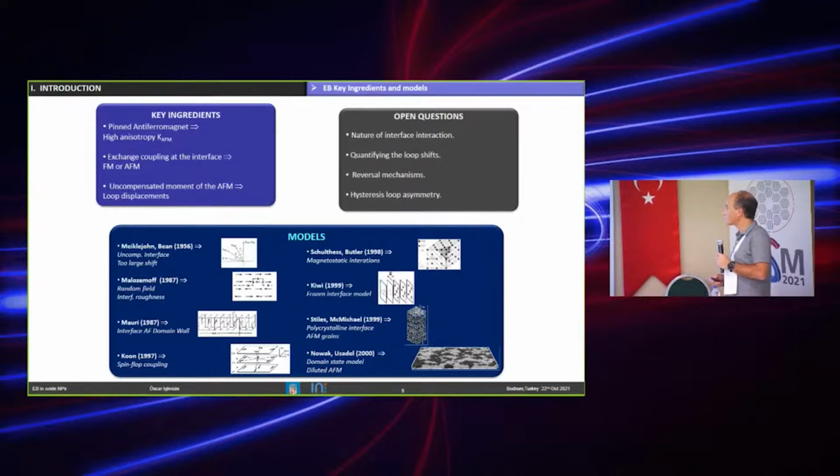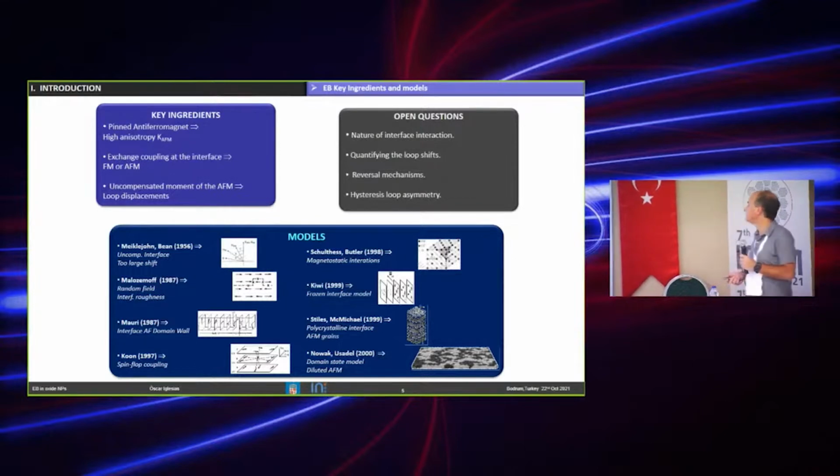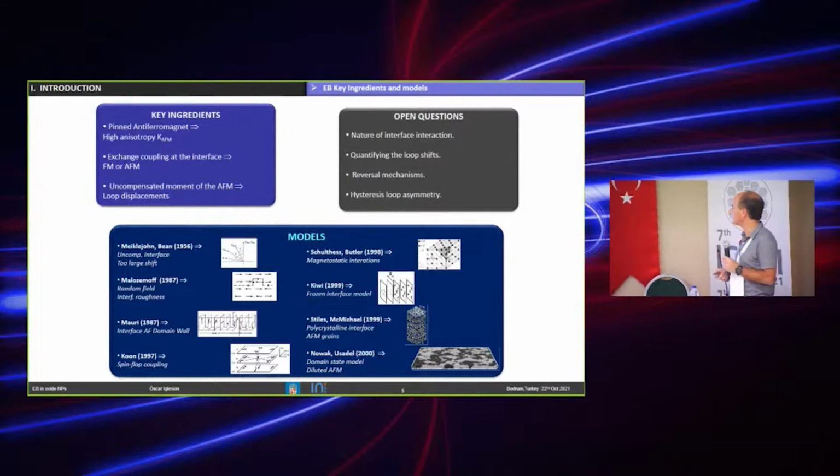And it turns out that the loop displacements that we observe after field cooling are due to uncompensated moments of the antiferromagnet. So there's a plethora of models which mostly work on many kinds of approximations with this complicated phenomena, but all of them refer to the thin film geometry. So for the nanoparticle case, models are not that feasible, right, from a theoretical point of view.